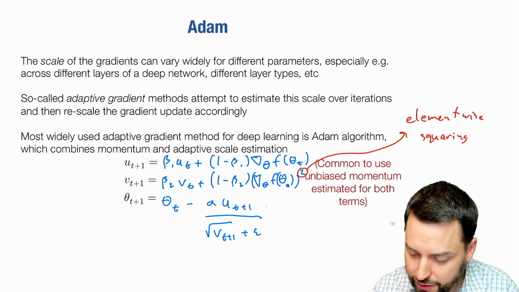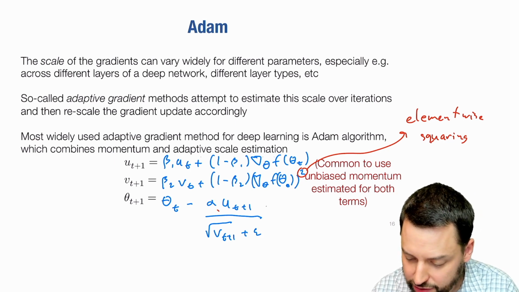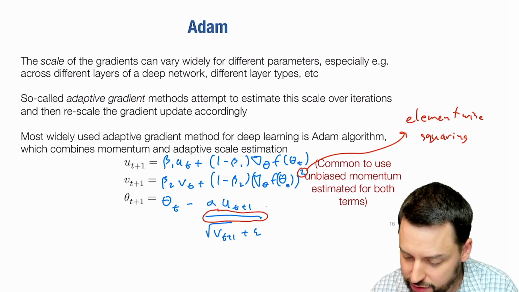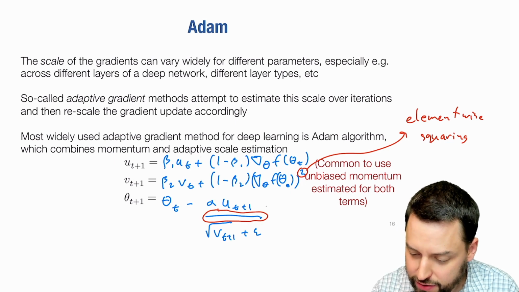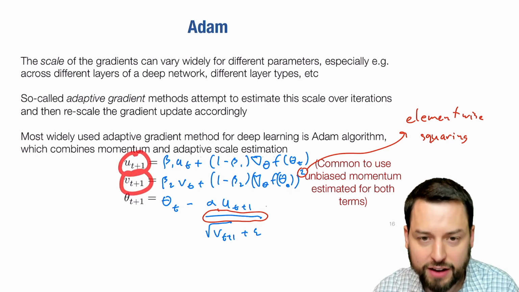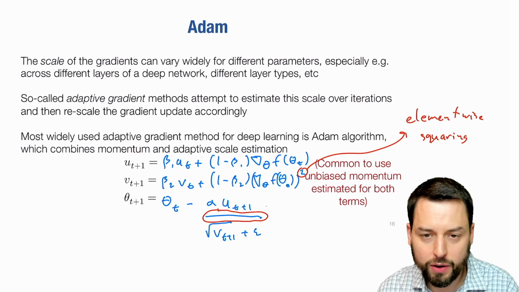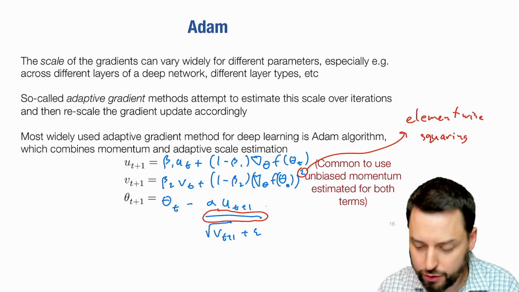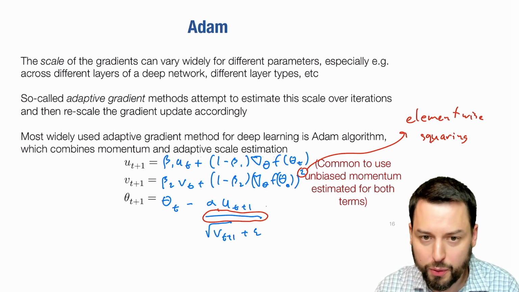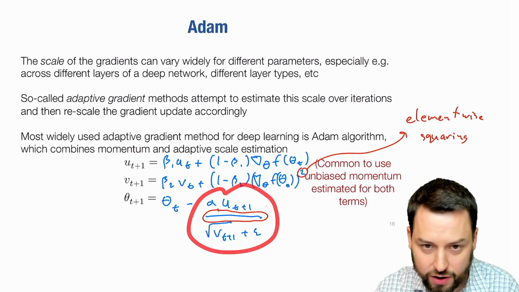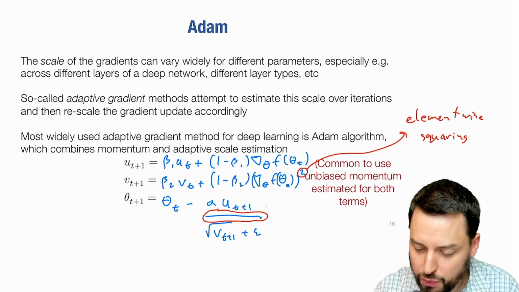The other thing I want to emphasize is that these operations are all being done element-wise. These things here are both vectors that are the same size as our gradient, so these are all operations on vectors, and they're all element-wise operations.